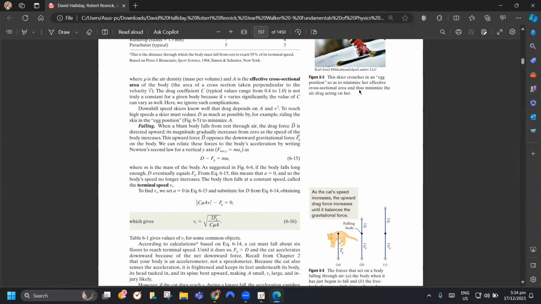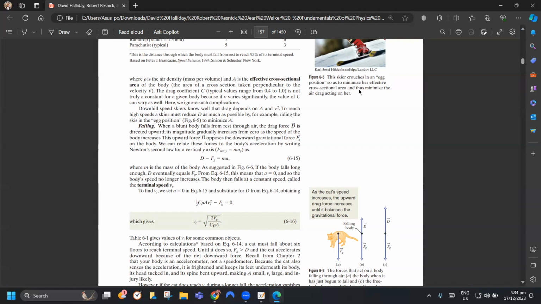Now, what assumption was made in equation 6-16? The assumption is that the air is not moving, because it's the relative velocity that matters. If the air is flowing up, from the point of view of the wind, the V sub t is not the speed anymore.